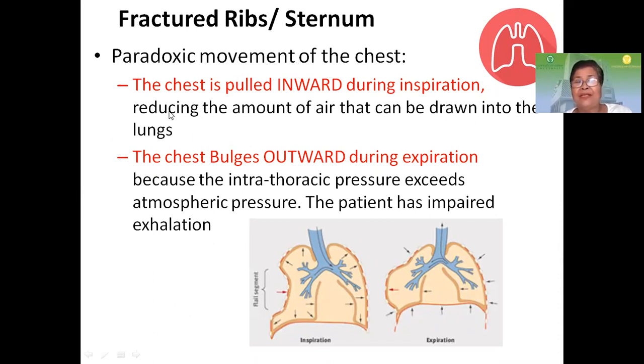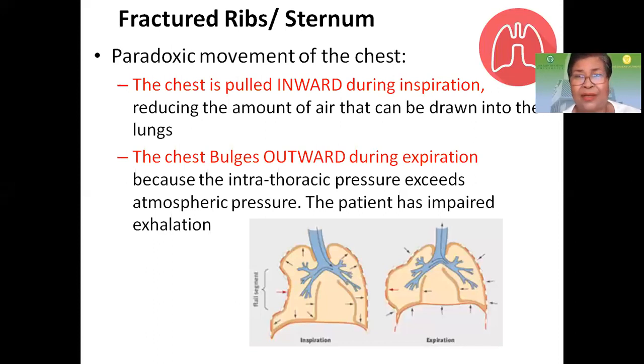Okay? So, ano yung paradoxic movement? The chest is pulled inward during inspiration. And therefore, anong effect? It reduces the amount of air which will enter into the lungs. Okay? Tapos, it bulges during exhalation. During exhalation, it bellows outward. So, the patient now has impaired exhalation. So, during inhalation, pumasok sa loob, no?